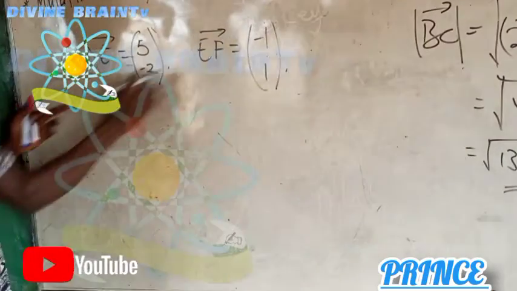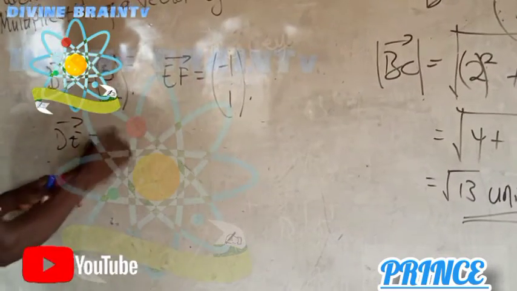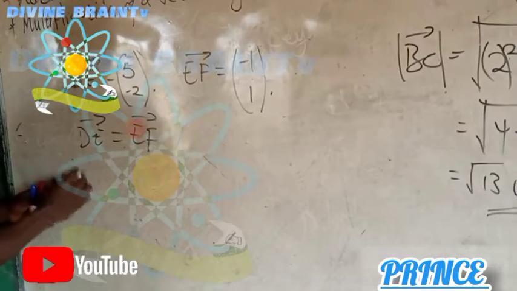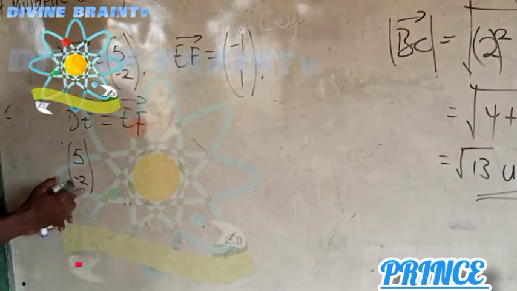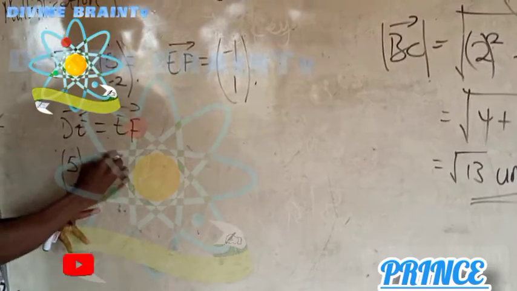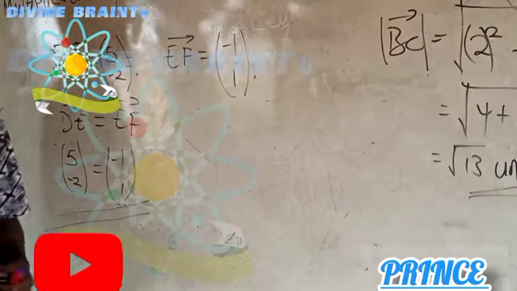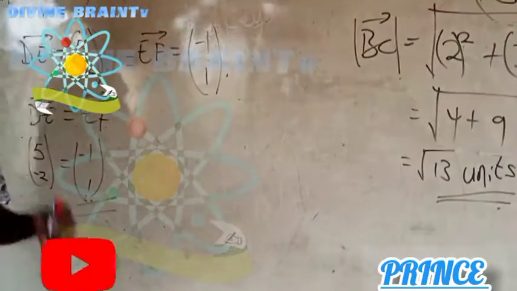When you say equality of these two vectors, it means that vector DE is equal to EF. So this means that (5, -2) is equal to (-1, 1). That's how equality of vectors works. This means this vector is equal to that vector.